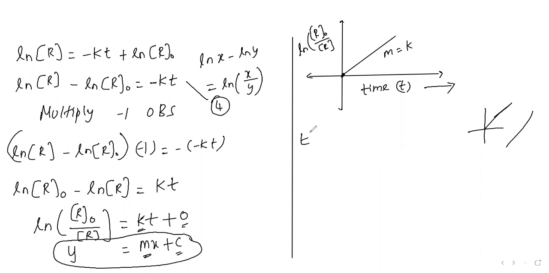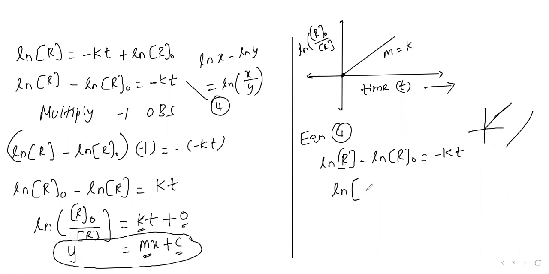Now from equation 4, what do we have? ln of r minus ln of r naught equals minus kt. Like this only, take x and this is y.